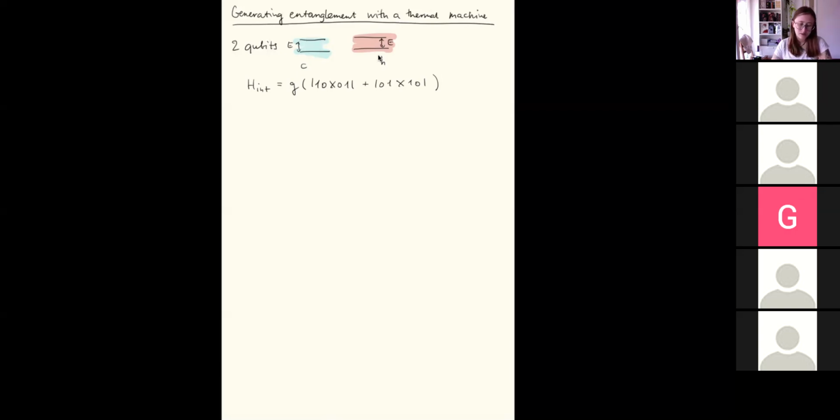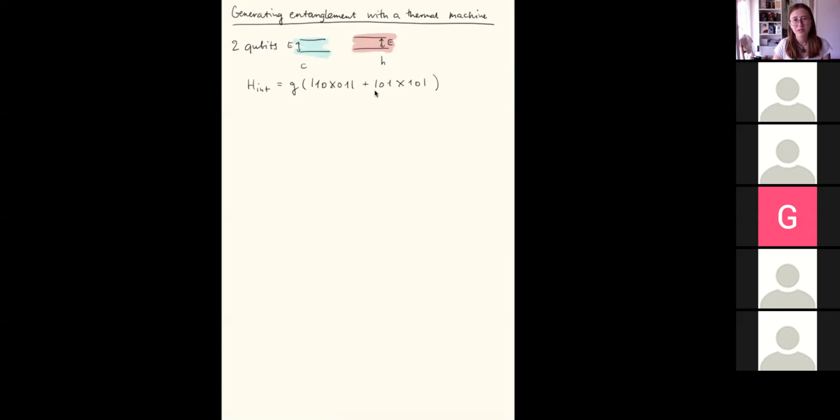And though we say that they're coupled to these baths, in this case we make the mechanism of the coupling explicit. So we don't just say they end up in a thermal state. Here we write down our evolution more explicitly.